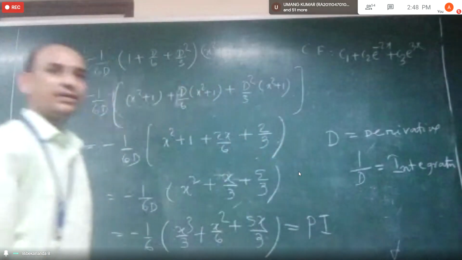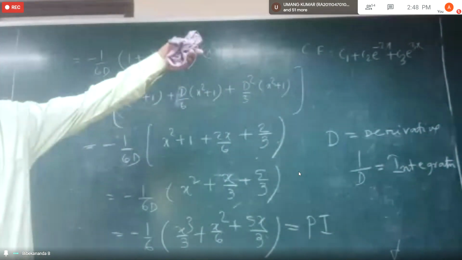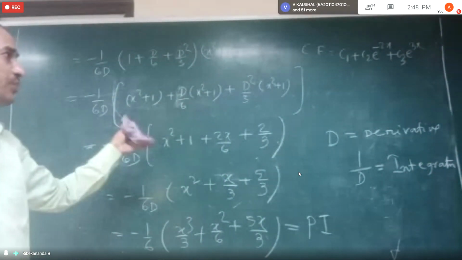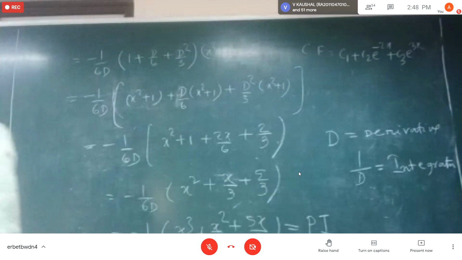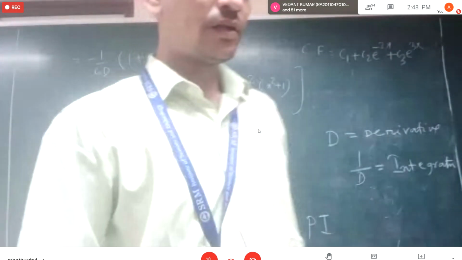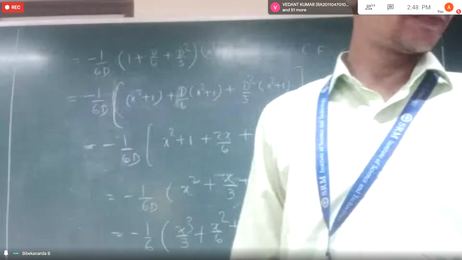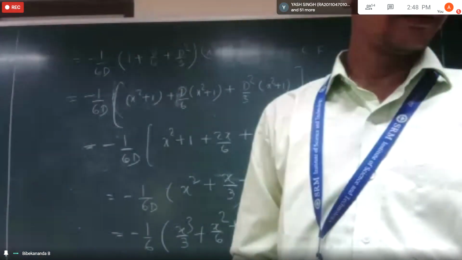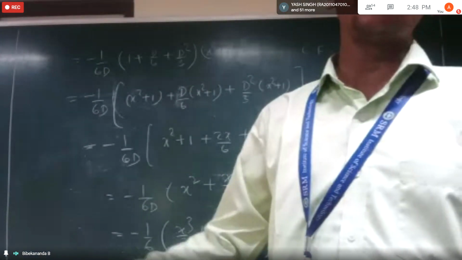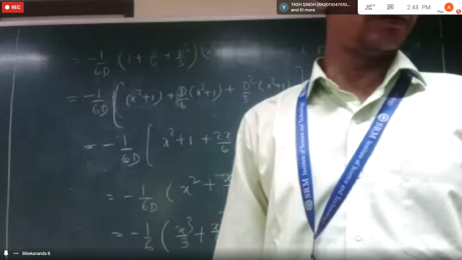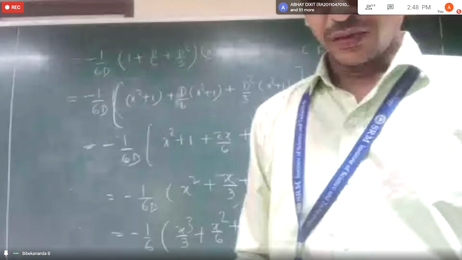So you have a CF and you have PI. If you take the summation, that will give you the complete solution. Okay.